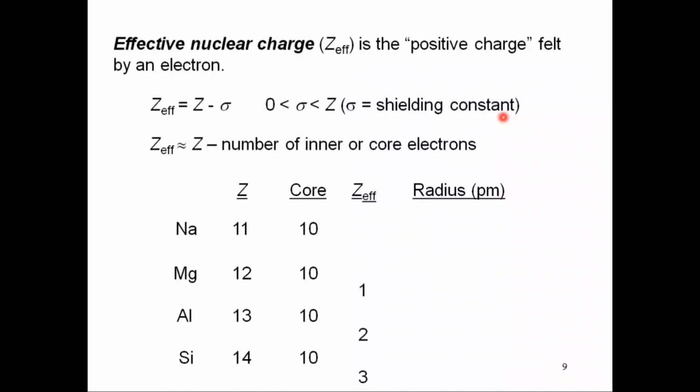So its Z effective is 1, because 11 minus 10 is 1. Similarly, you can calculate the Z effective of magnesium, aluminium and silicon. Their atomic numbers are given, their core electrons are given, and their Z effective are respectively given. For your information, their radius is also given in picometers.